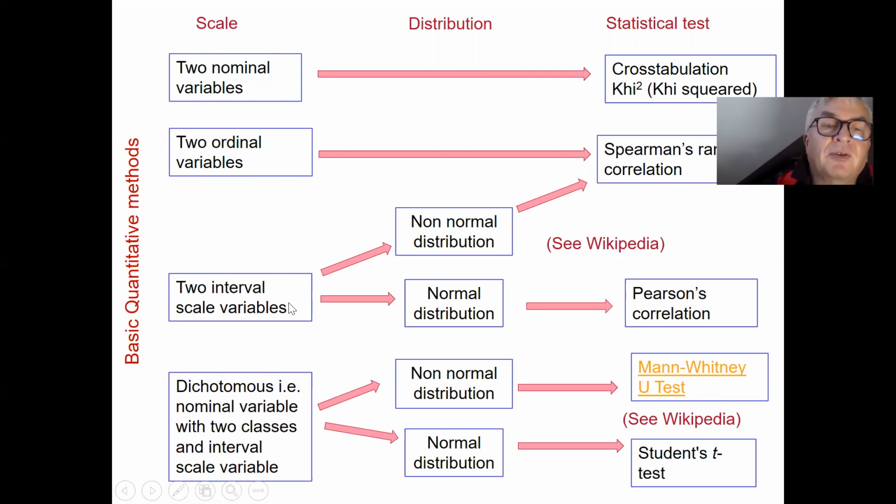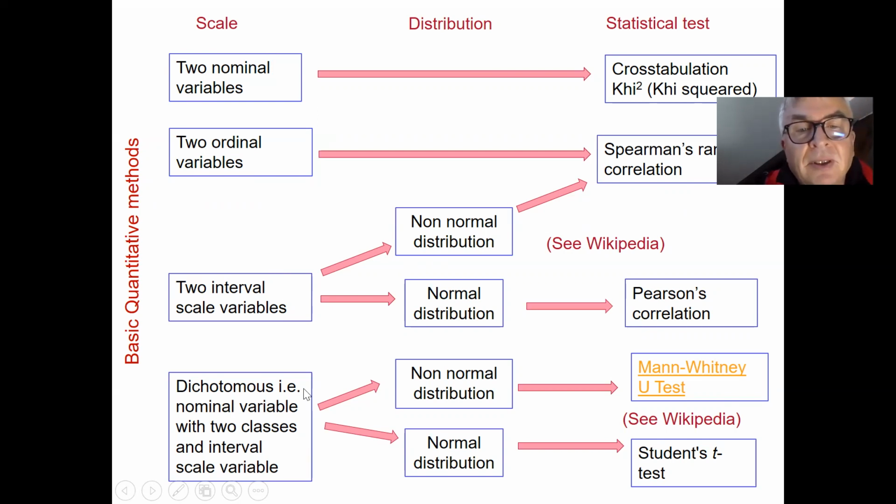If you have two interval scale variables, but you don't have a normal distribution, you go back in the same way to Spearman's rho. However, if you do have normal distributions in both cases, then Pearson's correlation would be advisable.